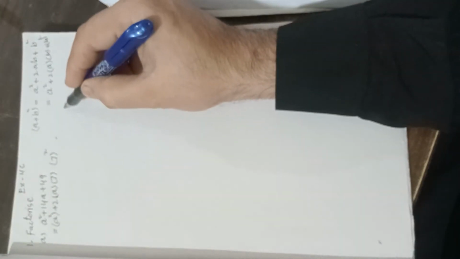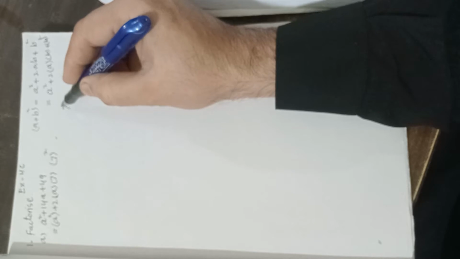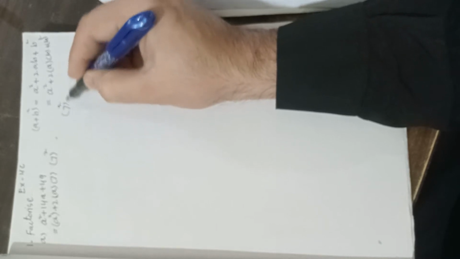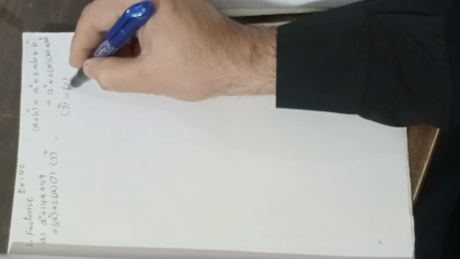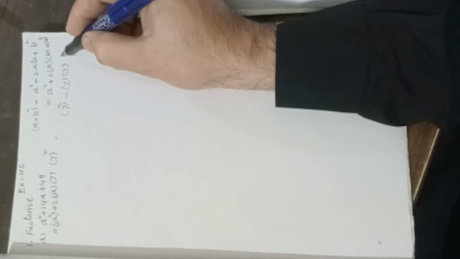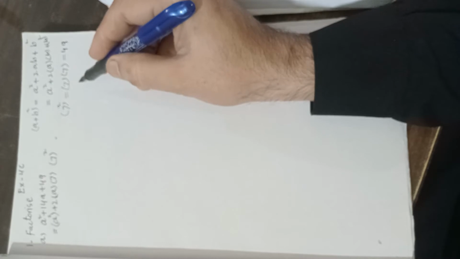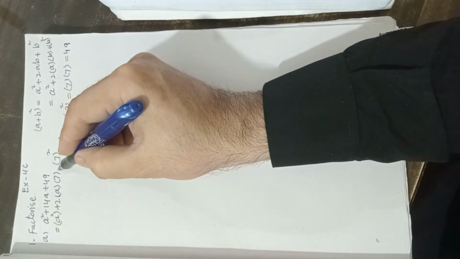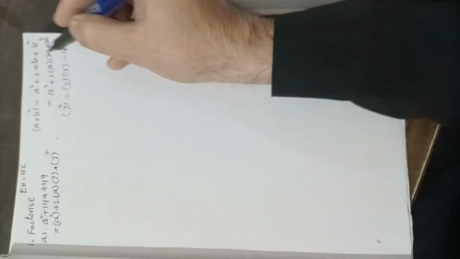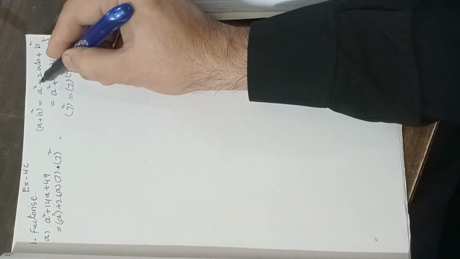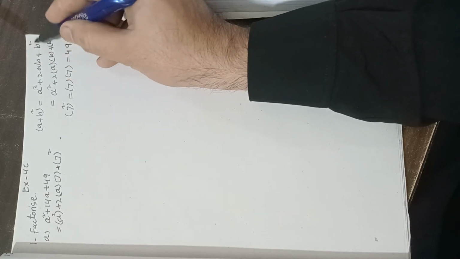When 7 square is solved, the answer is 7 multiplied by 7, which is again equal to 49. Plus sign is here. It is that of the identity a square plus 2ab plus b square.